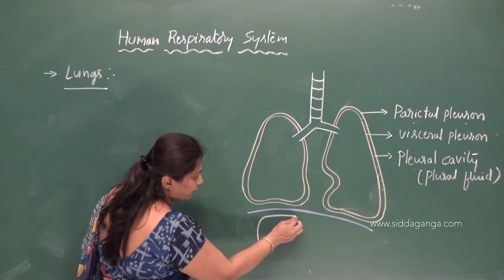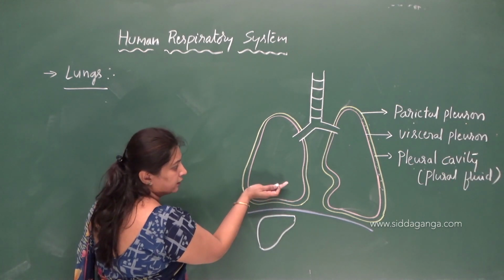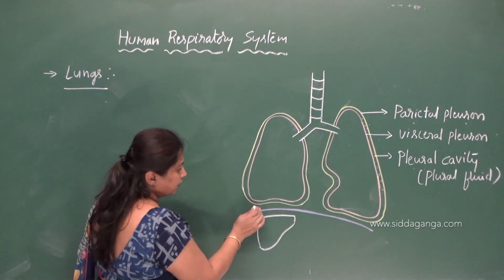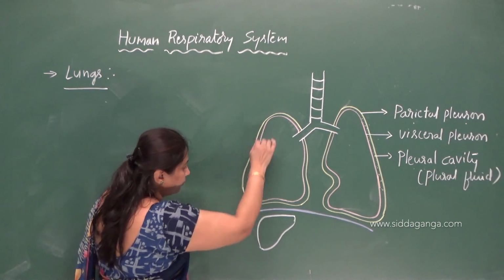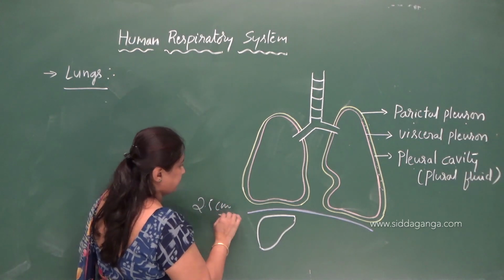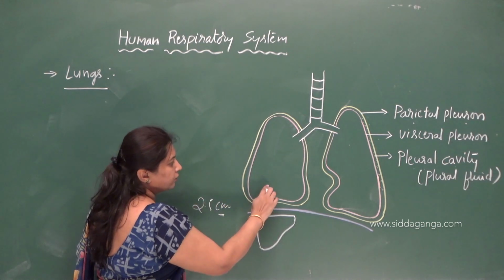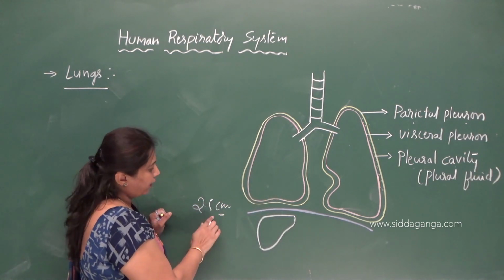That's why the length of the right lung is reduced by 2.5 centimeters.